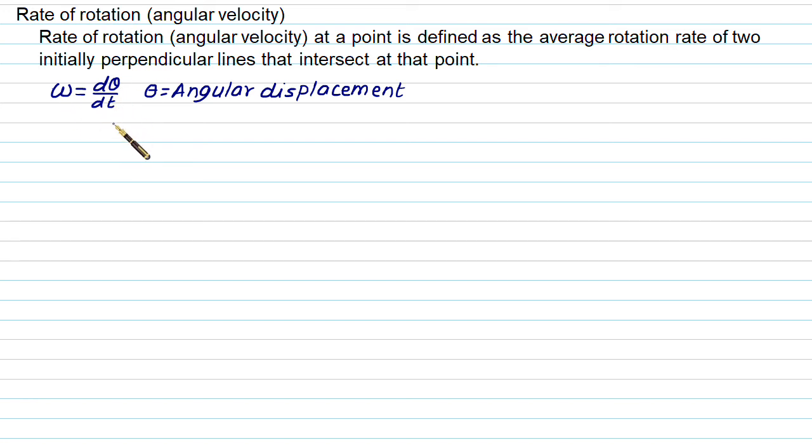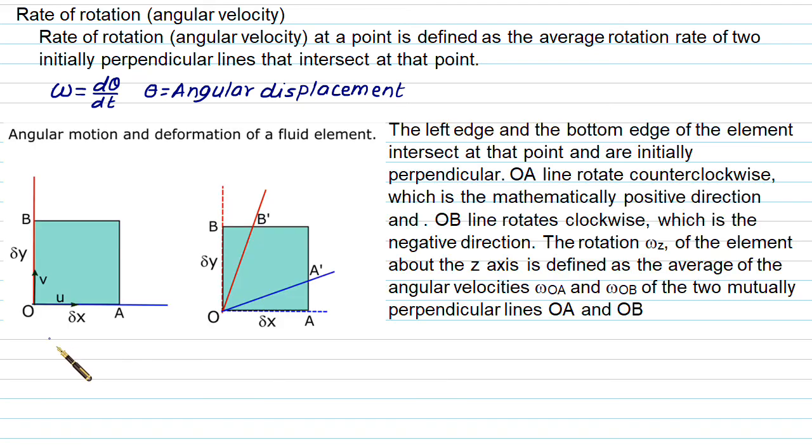But in the case of a fluid element that has the dimensions of delta x and delta y, at the origin we have the component along the x direction as u and along the y direction as v. Initially the angle between the lines OA and OB is 90 degrees.